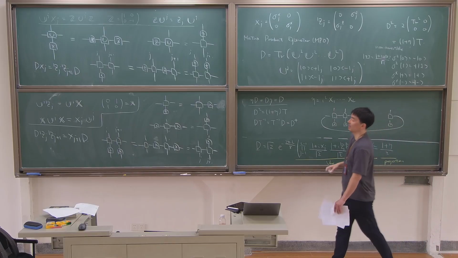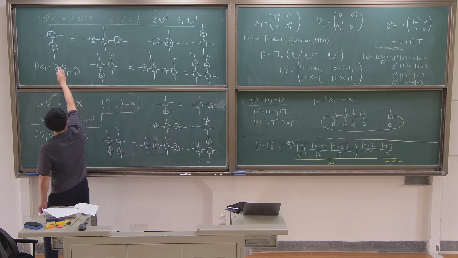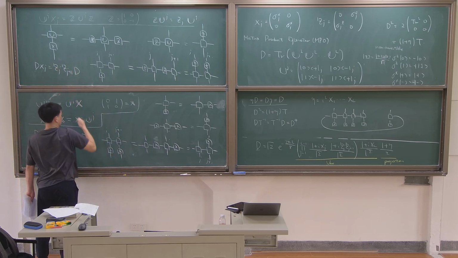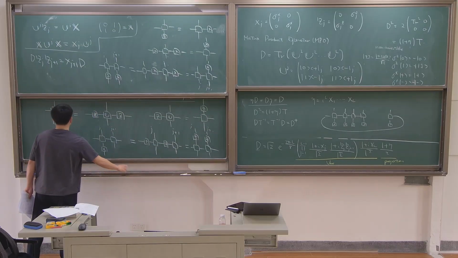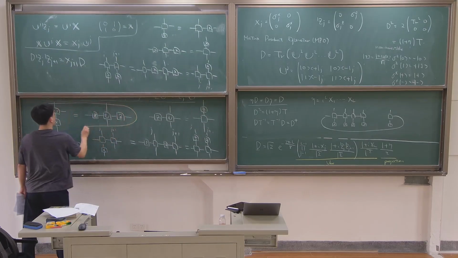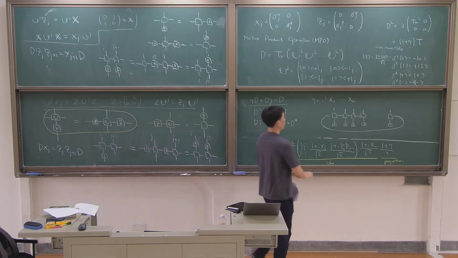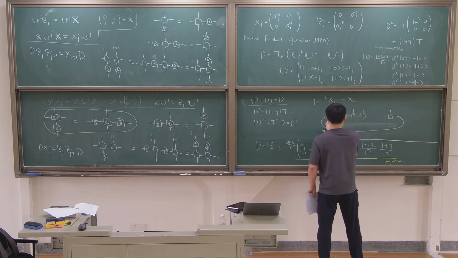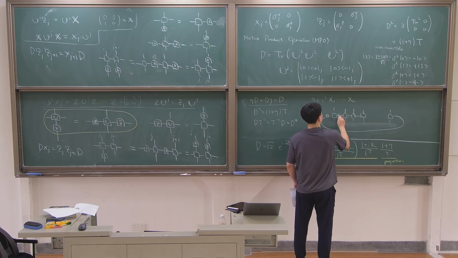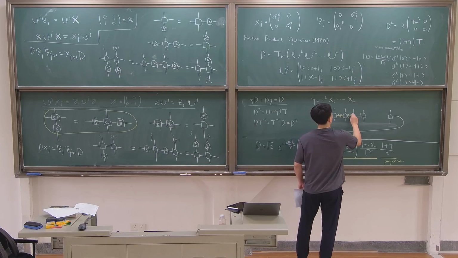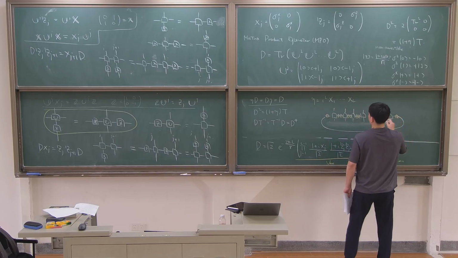Now how do you apply which rule? This rule here. You apply this rule. If you apply this rule, instead of x you have a z here. Everything z.